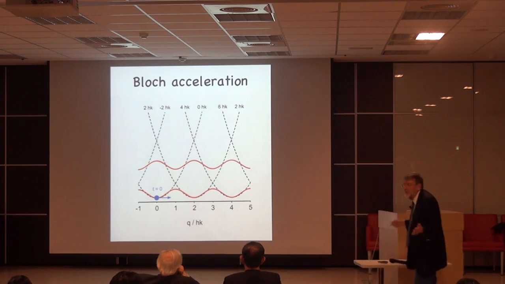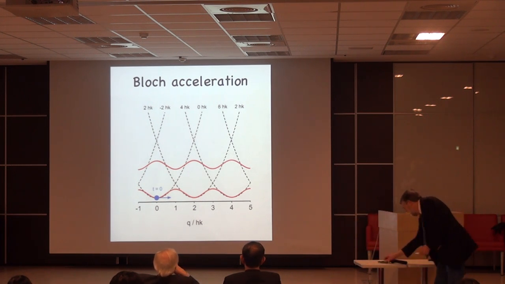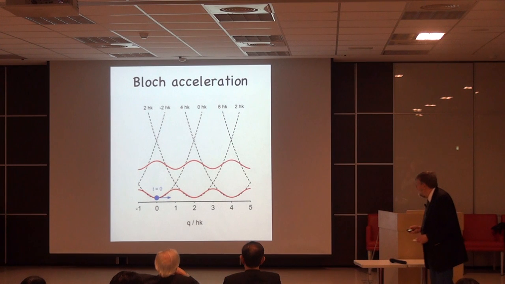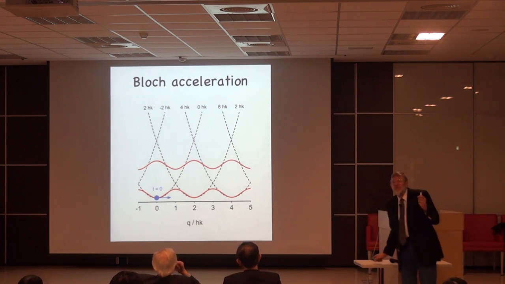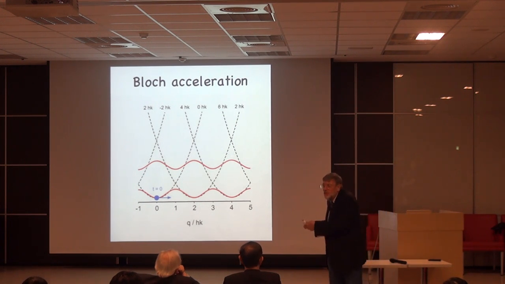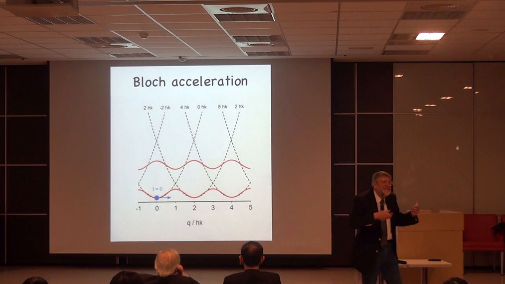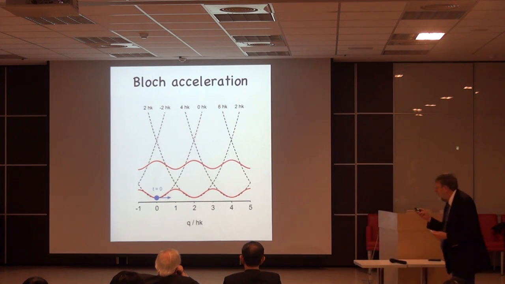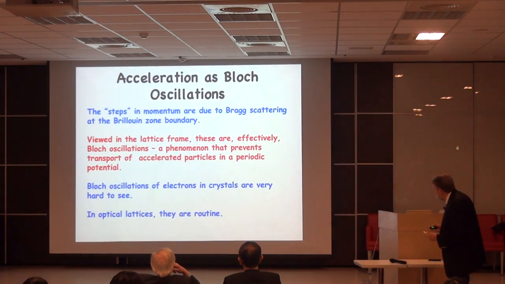So we can understand this whole process just from this simple band structure picture, but it's not the sort of thing you ever think about doing in condensed matter, because this isn't the kind of experiment you do in condensed matter, but it's the kind of experiment that's easy for us to do in atomic physics.